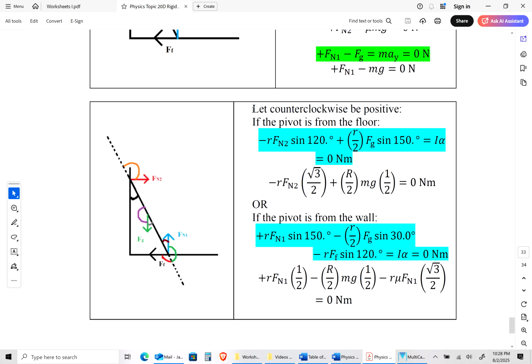So let counterclockwise be positive if the pivot is from the floor. So if we're letting the axis start from the floor to the ladder, what forces do we have? Well, we have R to the middle of the ladder times force of gravity, and we have R, the whole ladder radius, times the force normal 2. So that's going to be this equation here.